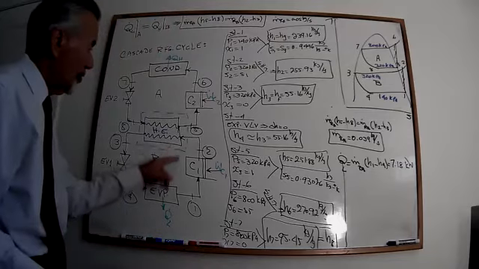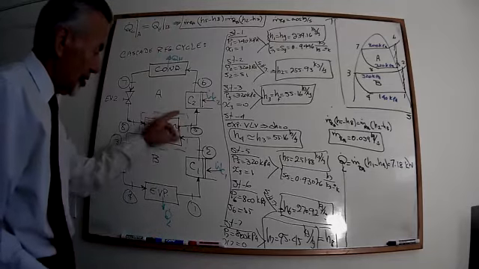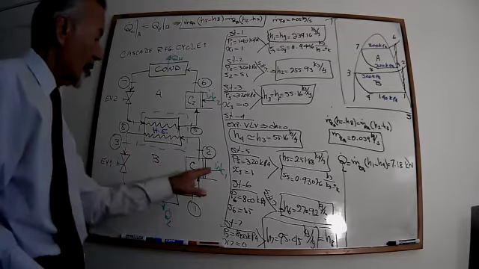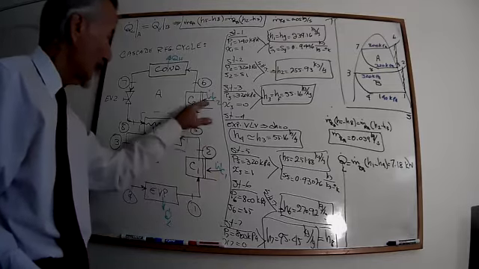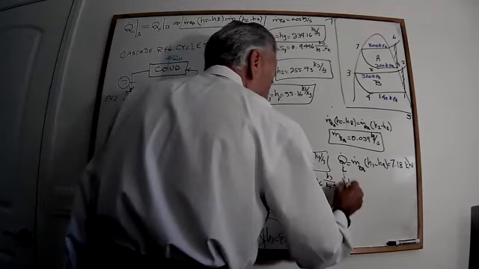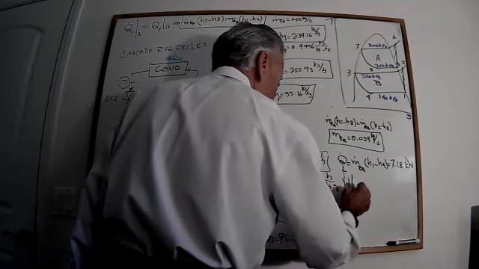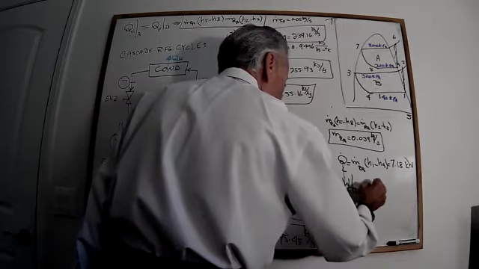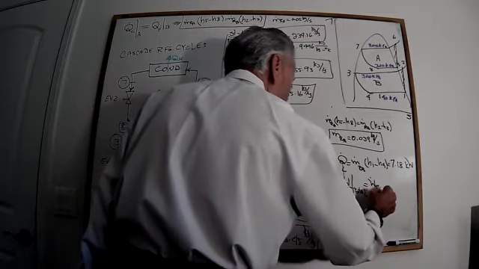Now I do have two compressors. So the total work of a compressor that I put into the cycle is a work of a compressor 1 plus work of a compressor 2.